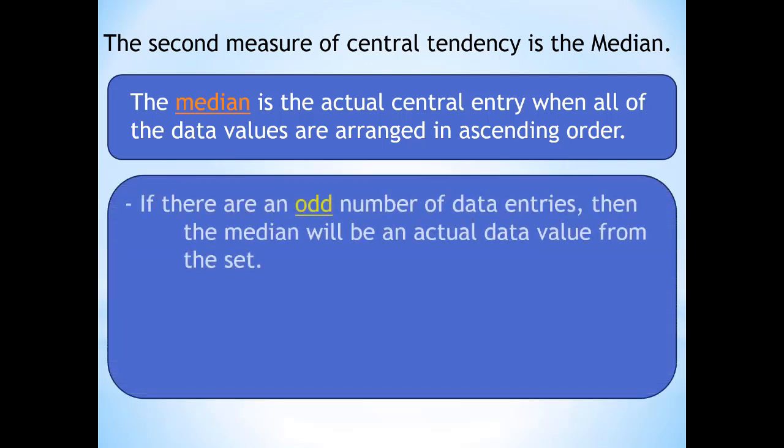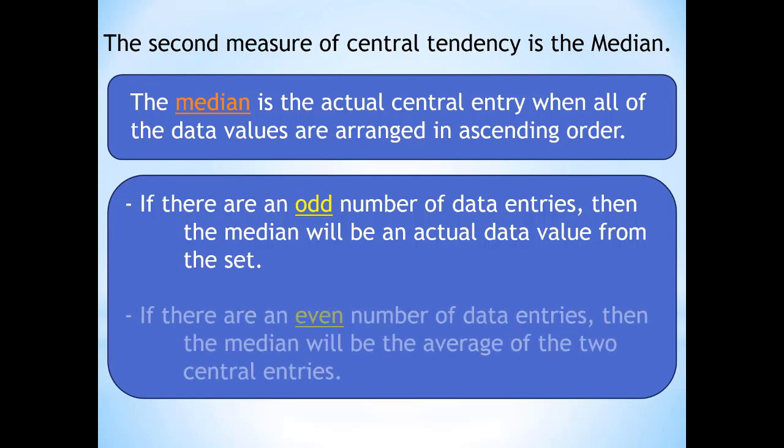If there are an odd number of data entries, then the median will be an actual value from the data set. If there are an even number of data entries, then the way we find the median is by taking the average of the two data values in the middle. If there's an odd number of data entries, there will be a single value in the middle.